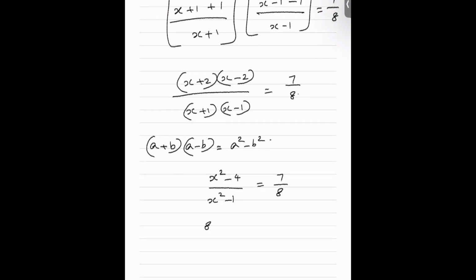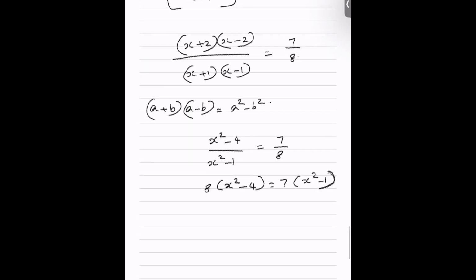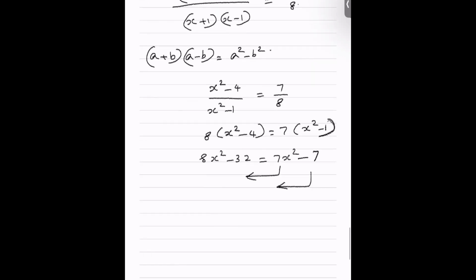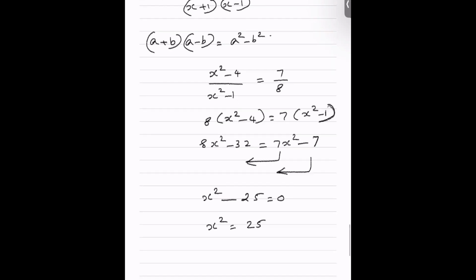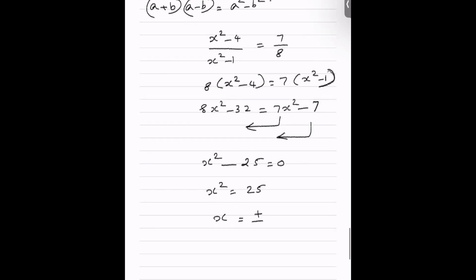Do the cross multiplication. Now 8x squared minus 32 equal to 7x squared minus 7. Bring this and this to one side, so you have x squared minus 25 equal to 0. That means x squared is 25. What is x? x is plus or minus 5.